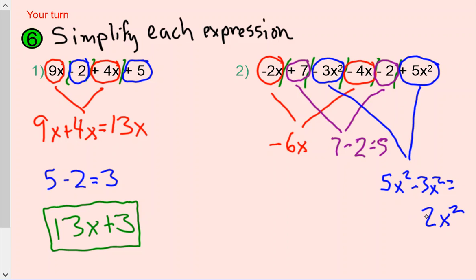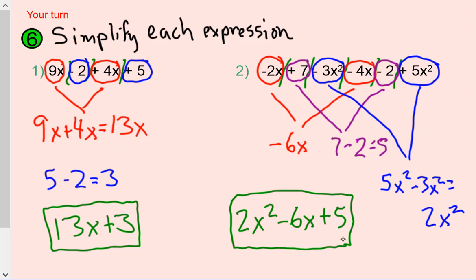I'm going to start with this 2x squared. So we have 2x squared minus 6x plus 5. And no more like terms. Again, the 6x is not a like term with this 2x squared because the variables have different powers. So no more like terms, no parentheses. Our answer is simplified.